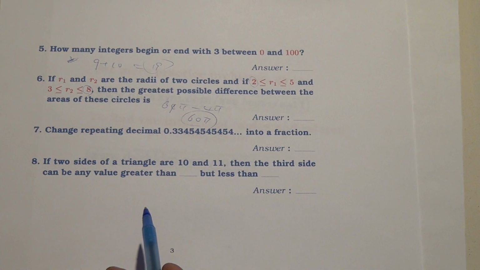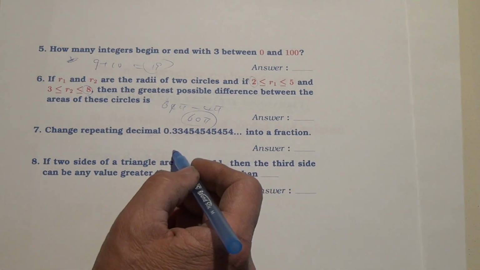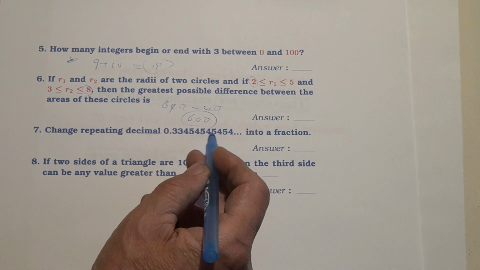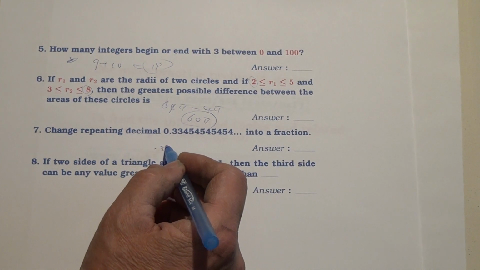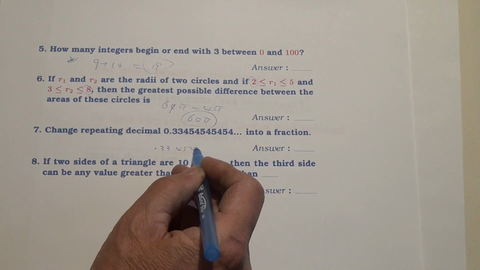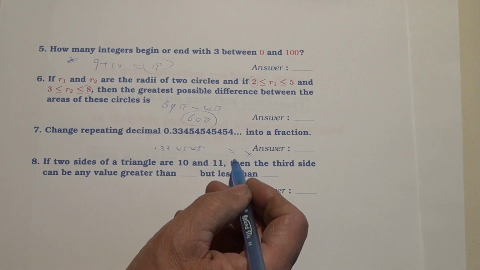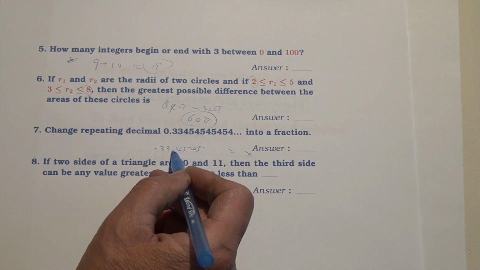Now number 7. Whenever you have this kind of question, you write down the decimal itself as x. Okay? So 0.33454545 will be x. But here, you move the decimal right before one repeating part.